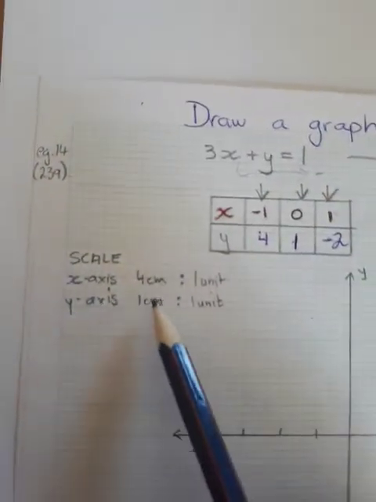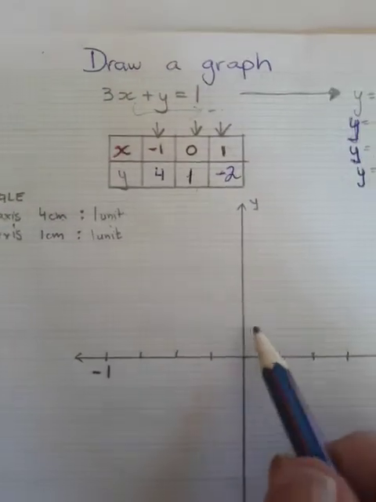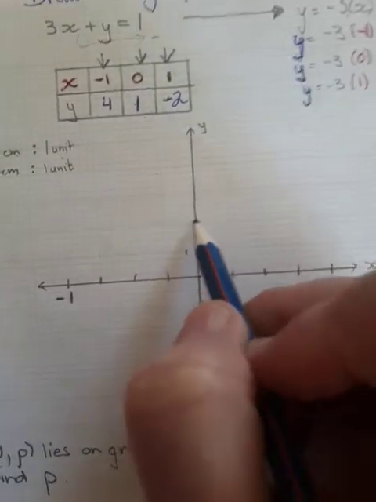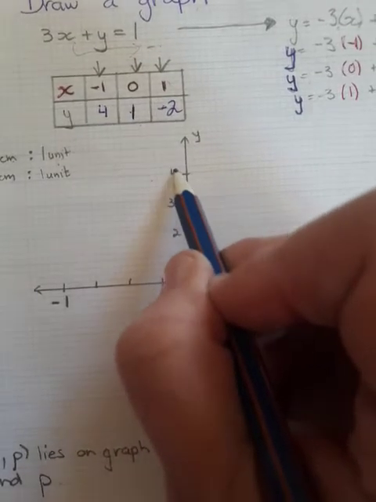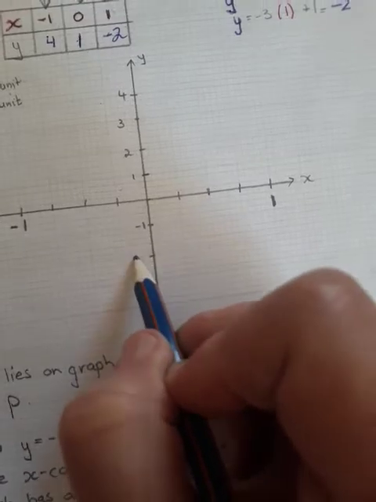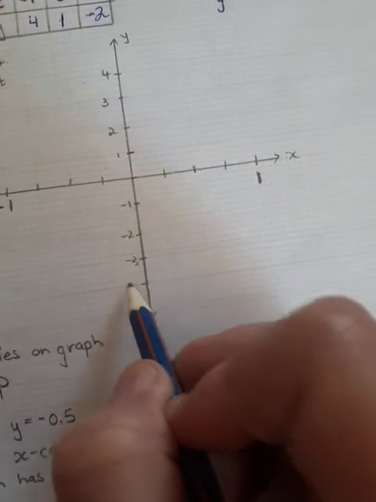Then on the y-axis, they're telling you that 1 centimeter must be 1 unit. So that's really easy. One little block is 1 unit. Then comes 2, 3, 4. And on the other side, minus 1, minus 2, minus 3, minus 4.